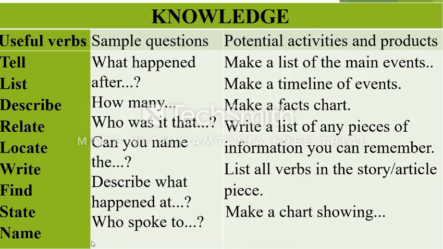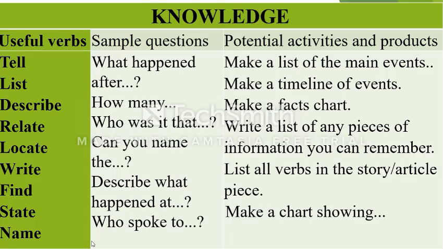The first level is knowledge. There are 3 columns which tell you which verbs are used in the knowledge level questions. In the second column you can see the sample questions about the knowledge, and in the third column there are some potential activities and products relating to the knowledge level.